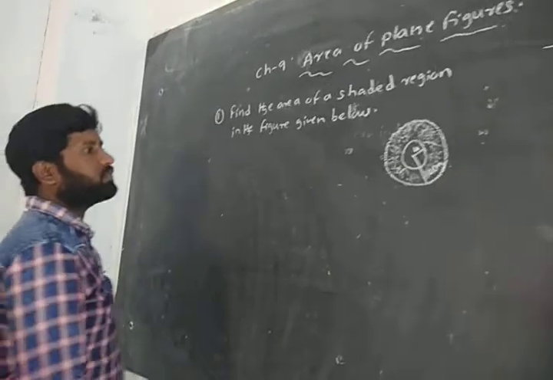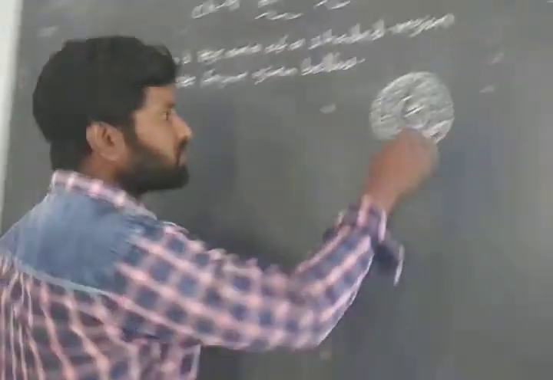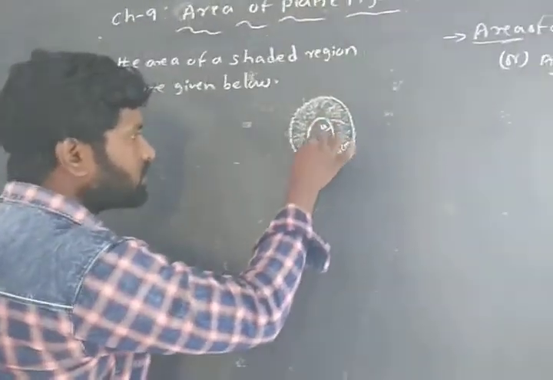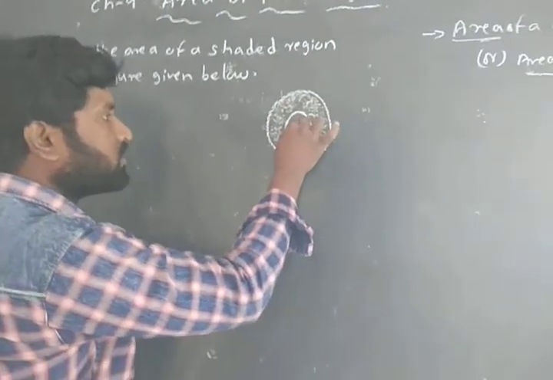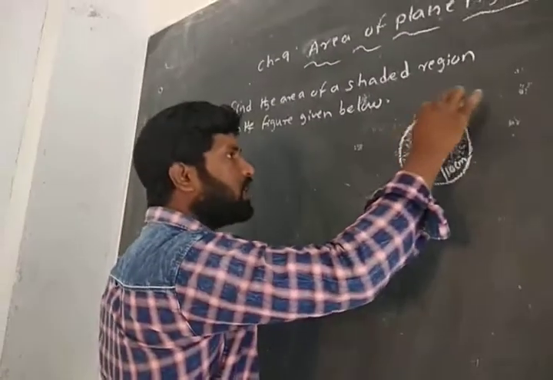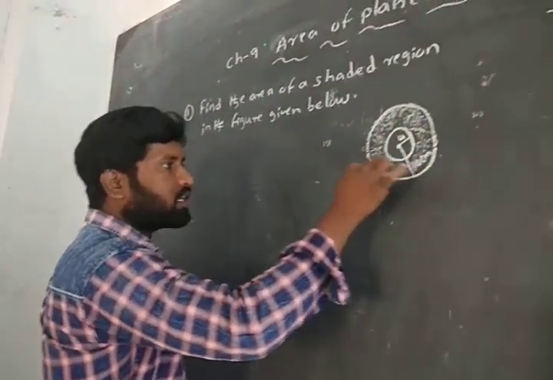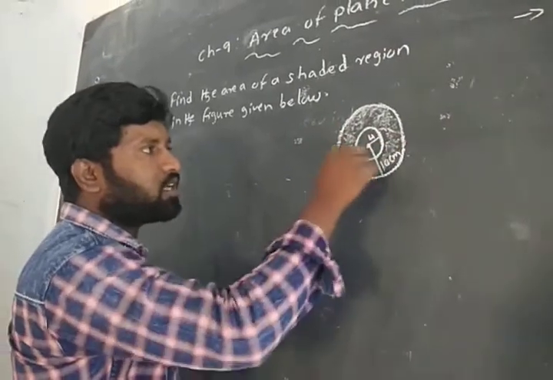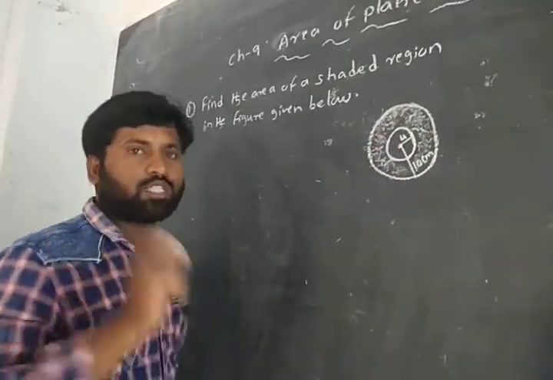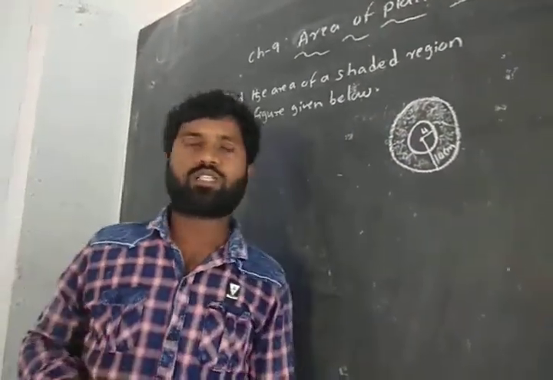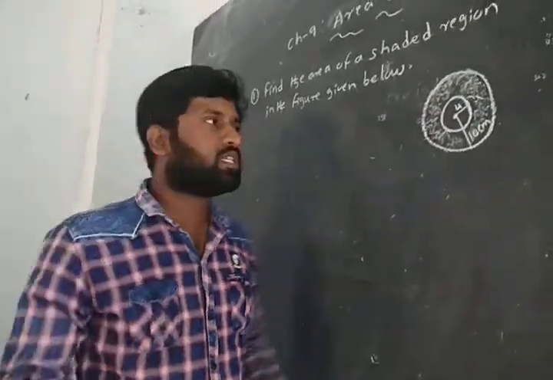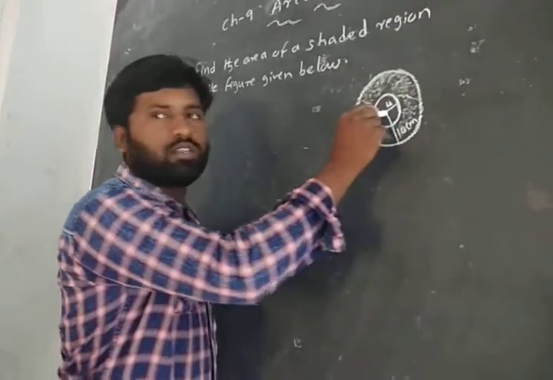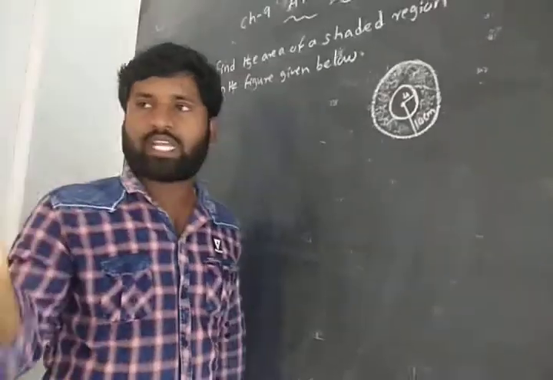See here, try to observe how many circles are there? 2 circles. This is the center of the circle. This is the smaller circle and this is the larger circle. These circles are concentric circles, because the circles have the same center but different radii.